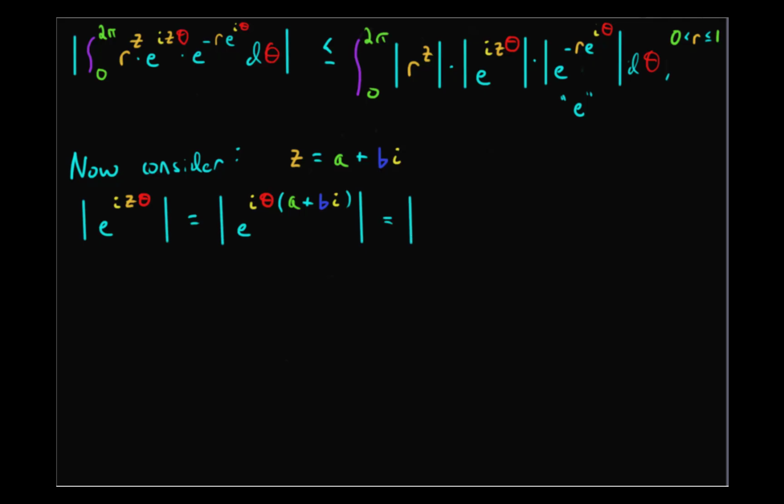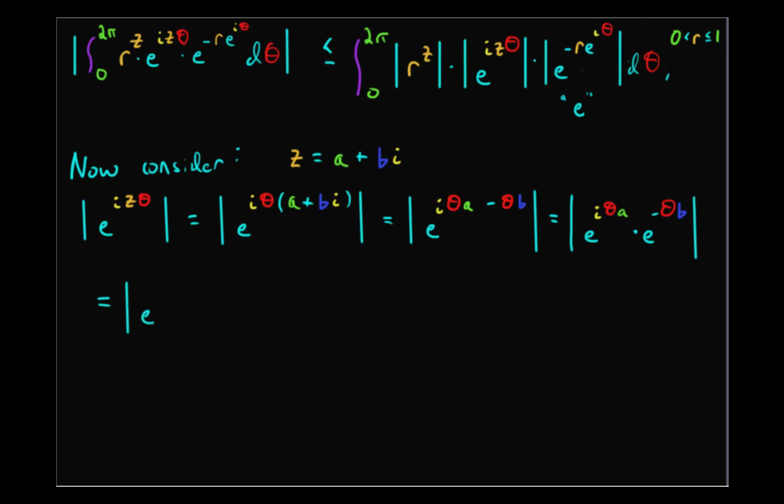And now when I distribute the I across, I have that this equals the modulus of e to the I times theta times a minus, remember that I squared of course is -1, so minus theta times b. And so this will then equal the modulus of e to the I times theta times a times e to the minus theta times b.